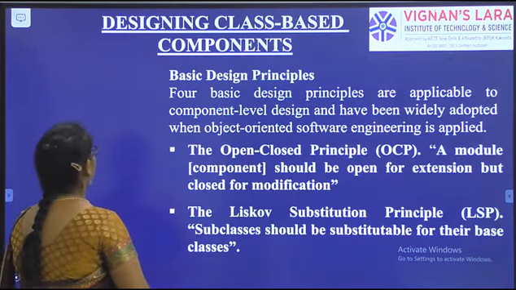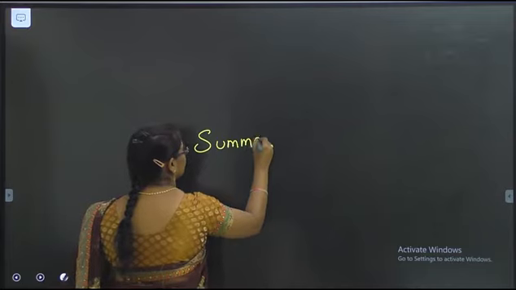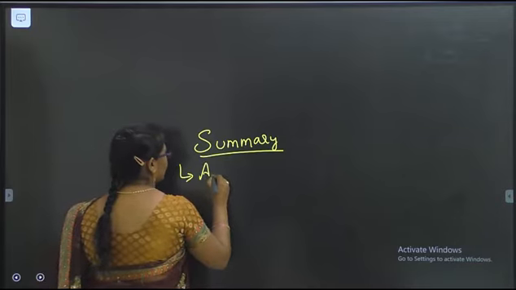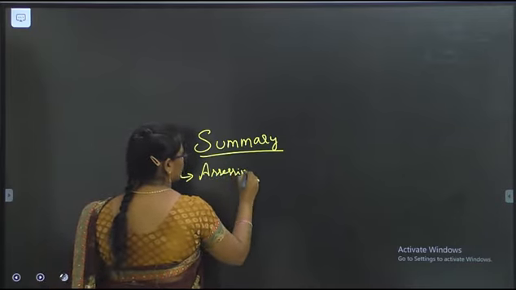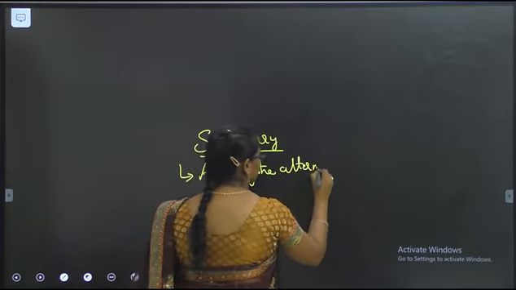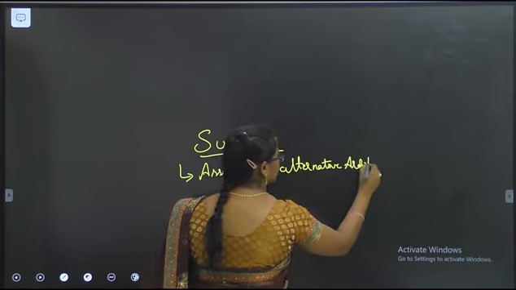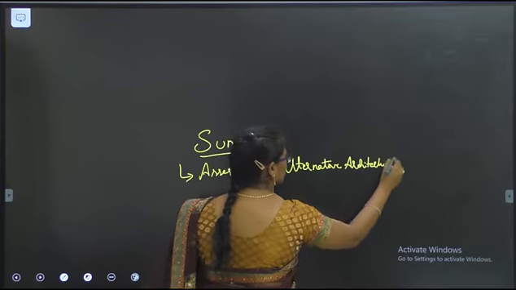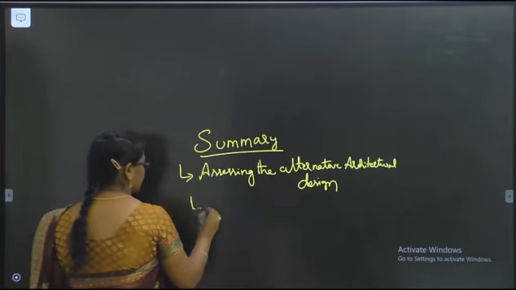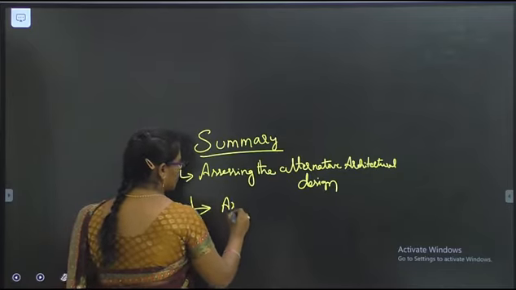So the summary of the session is, we have seen assessing the alternative architectural designs, and we have seen some of the architectural design components.